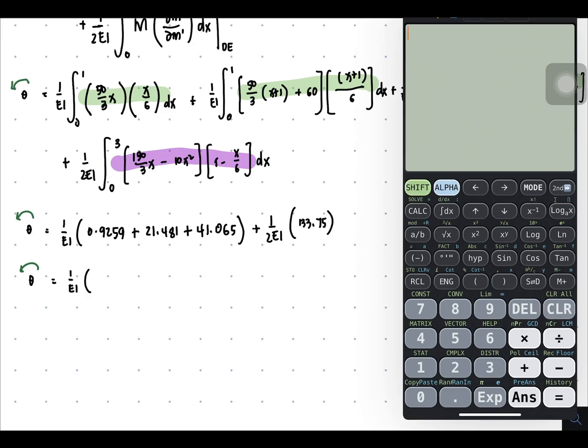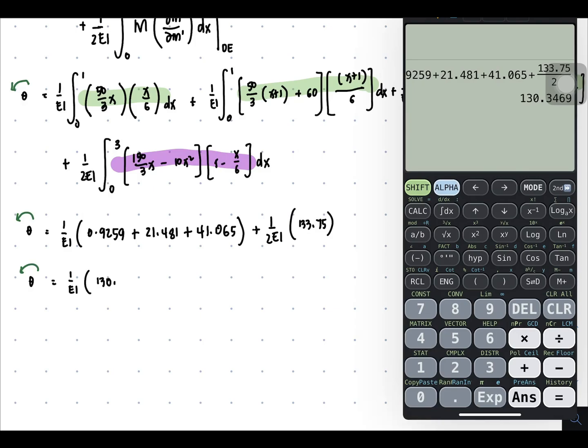So let's get all the terms. 0.9259 plus 21.481 plus 41.065 plus 1/2 of 133.75. So the answer is 130.347.